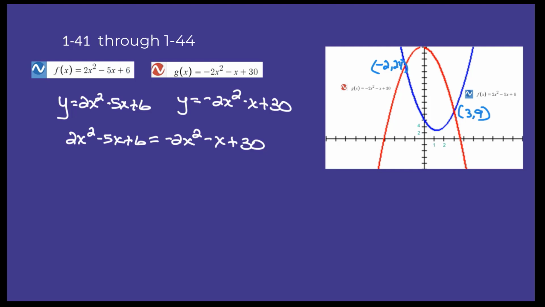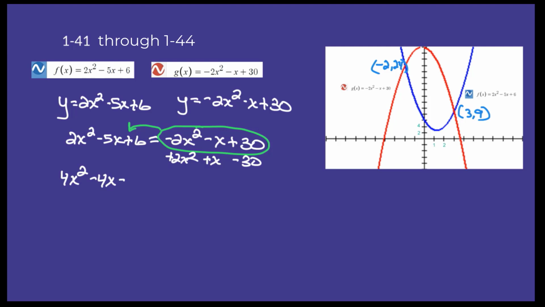So the first thing I'm going to do is I'm going to move everything from this side over here. Okay, so in doing that, I'm going to add 2x squared. So that changes this to 4x squared. I'm going to add an x, and that means this will now be -4x. And then I'm going to subtract 30.